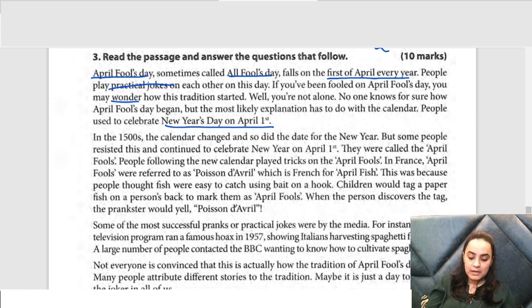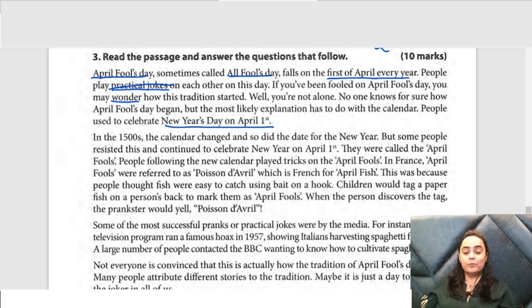Now, what do we mean by practical jokes? Practical jokes means those jokes which are related to the routine life of the people, which are related to those things which people do on a daily basis. So people usually play very general day-to-day jokes with each other.